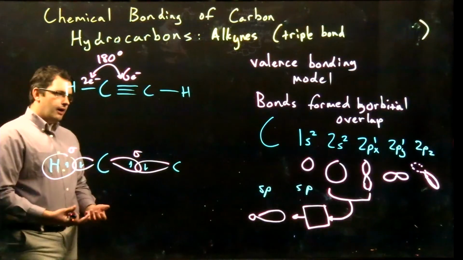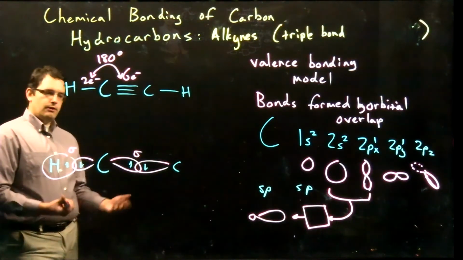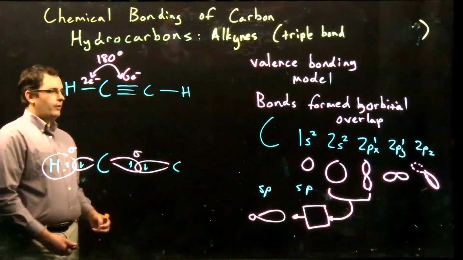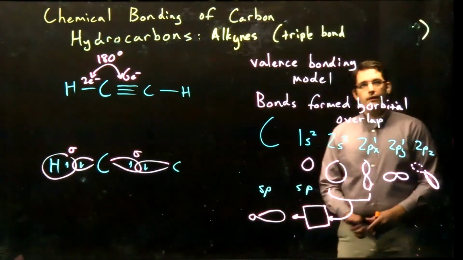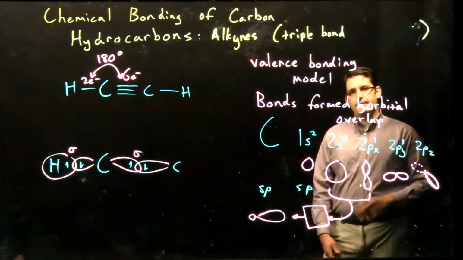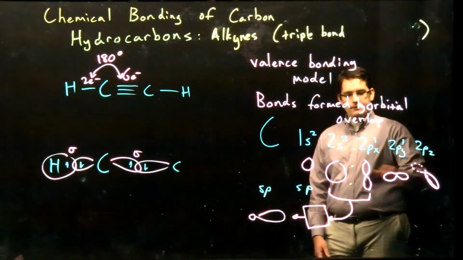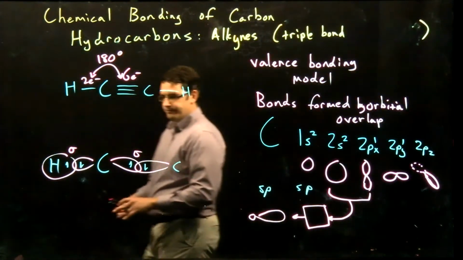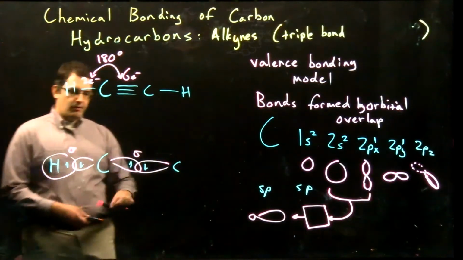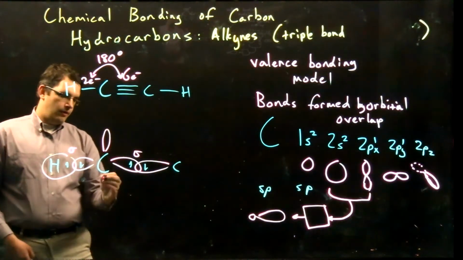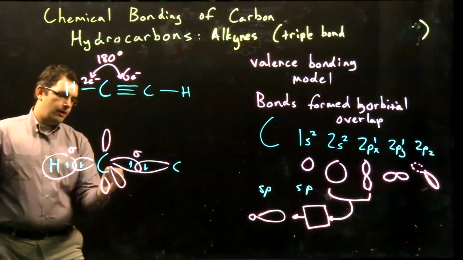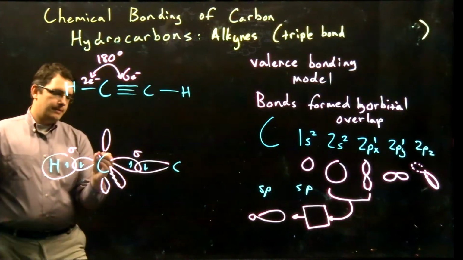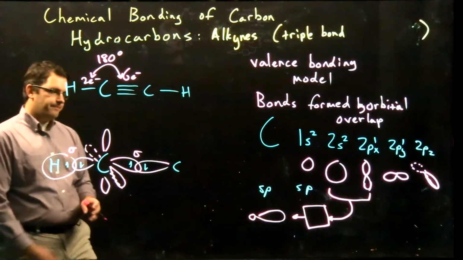Now, as we had with our alkenes, with our double bond, we had our extra p orbitals coming in here to form our remaining bonds to make up that double bond, or in this case, our triple bond. So we still have our p orbitals. I'll go with one sticking straight up and down, and then I have another one coming out towards me and back towards you guys.